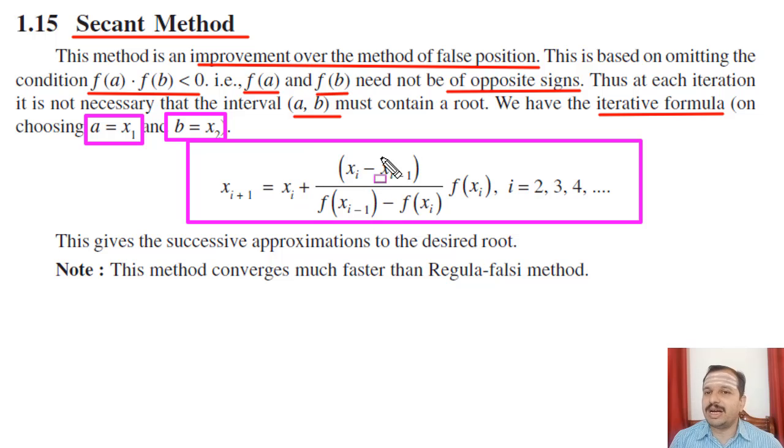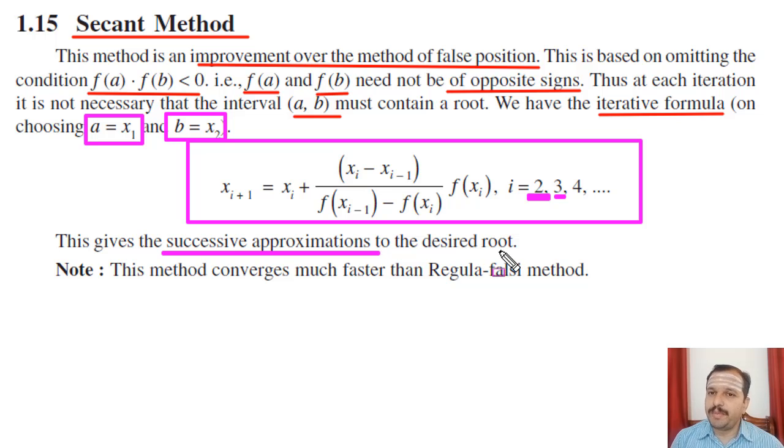For the third step, you substitute i equal to 2. For the next step, when you substitute i equal to 3, you will get x4. Likewise, the same iterative formula is going to give us successive approximations to the desired root. You continue the process until you get the solution up to the desired accuracy.